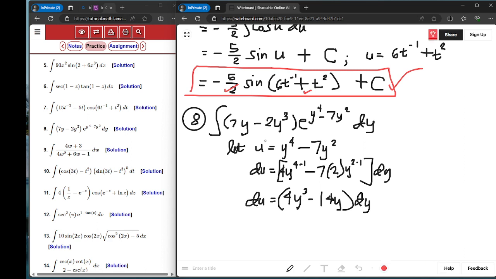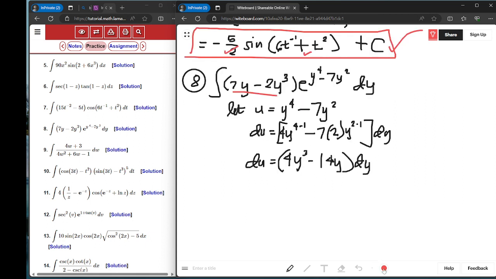However, if we check this, that's negative 2y cubed minus 7. But if we rewrite this, let's start here first in the du so that we can proceed to the next step. We can factor out 2, so what is left is 2y cubed minus 7y dy.